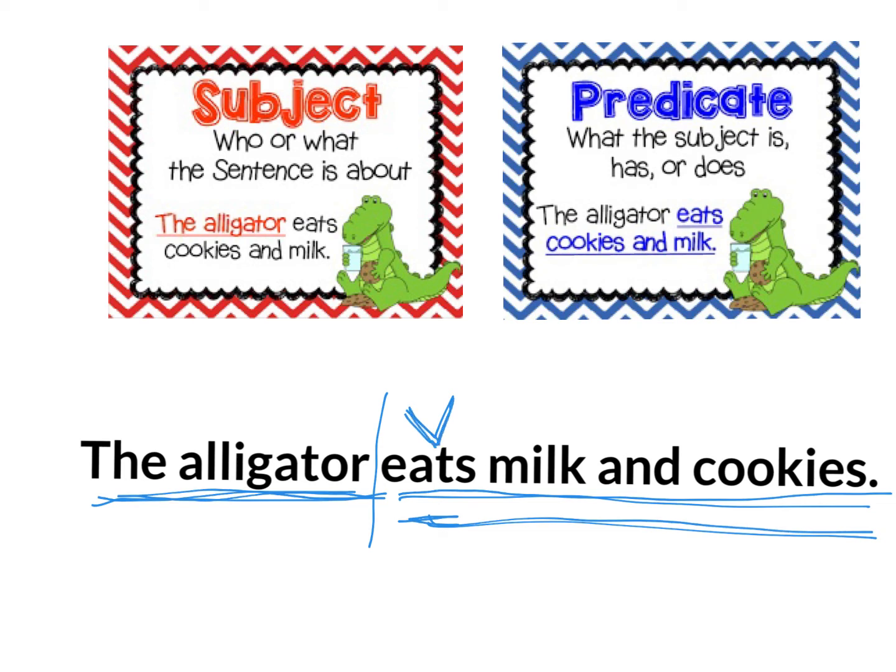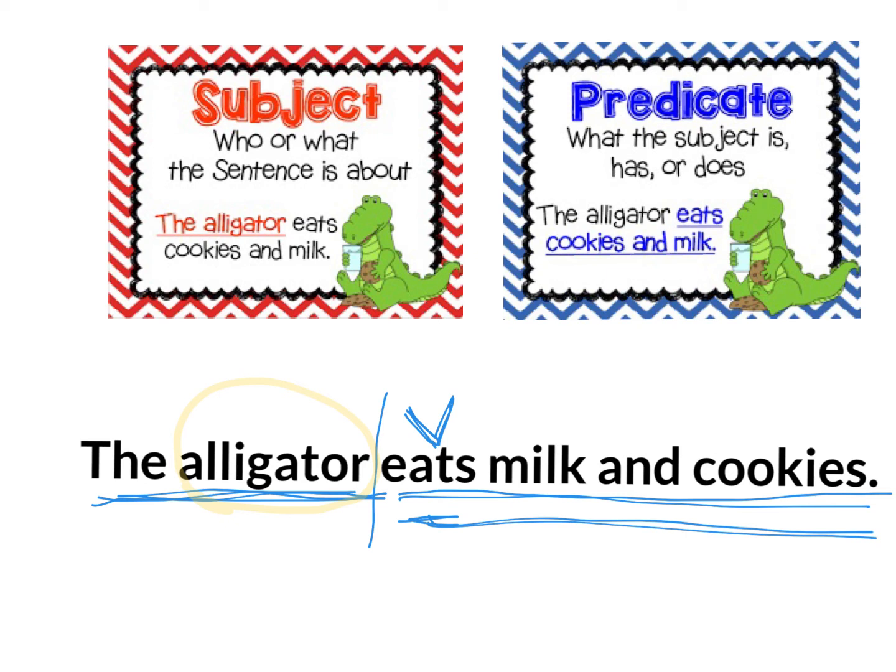So now you may get asked your simple predicate or your simple subject. If we look at this, our simple subject is simply the noun or pronoun in the complete subject. So the alligator. What's the noun here? Alligator. Alligator is your simple subject. It's simply who the subject is about, alligator.